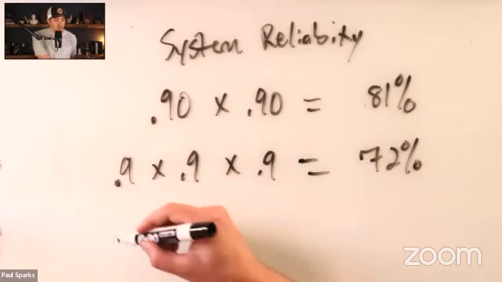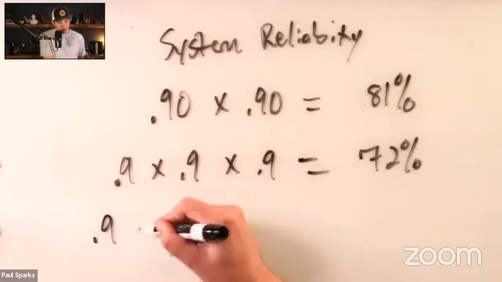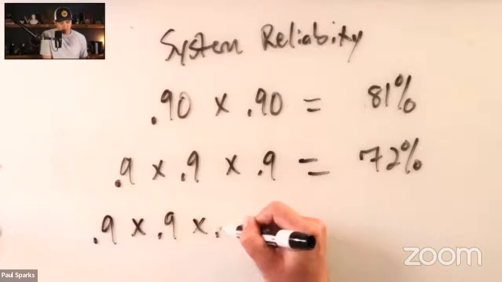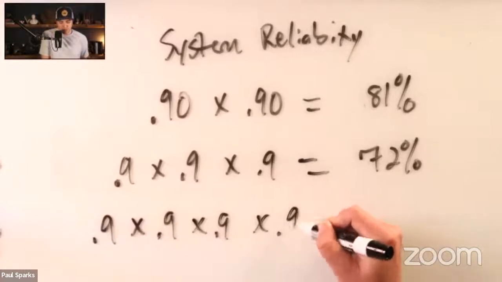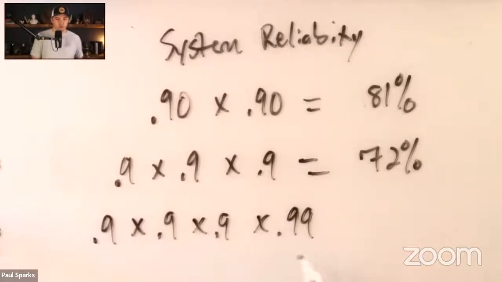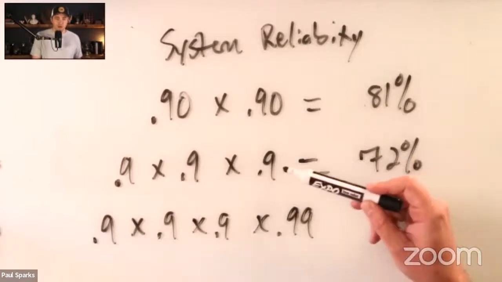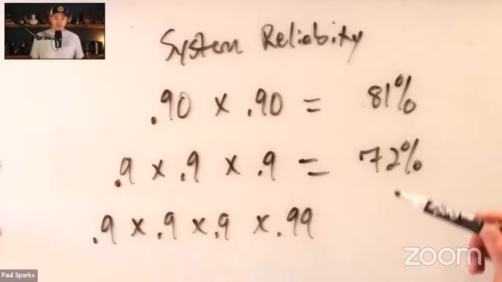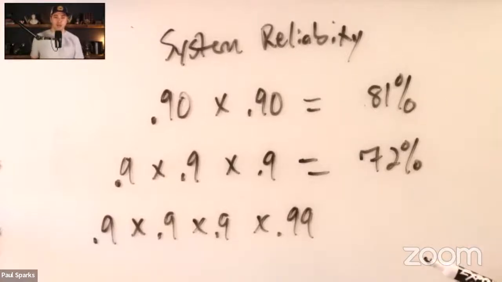But what happens if we add one more component? But this time it's 99% reliable. So we're going from 2 components here, 81%. 3 components is 72%. You just drove down the likelihood that you get what you want by almost 9%. Well, by 9%.